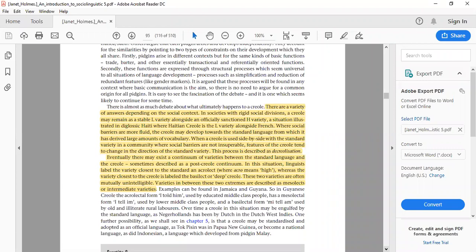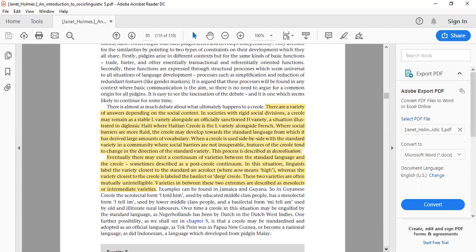In Creoles, when there is a high variety to which the Creole is near or similar, then we call it acrolect.